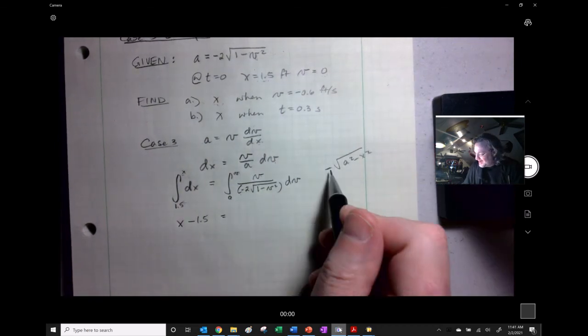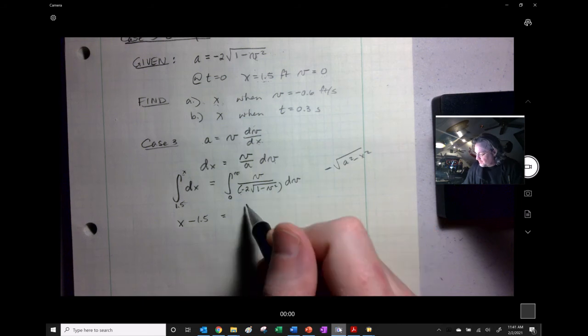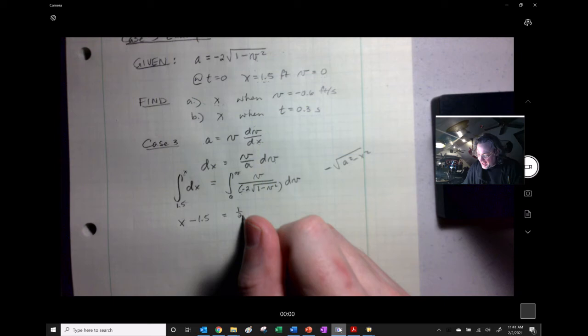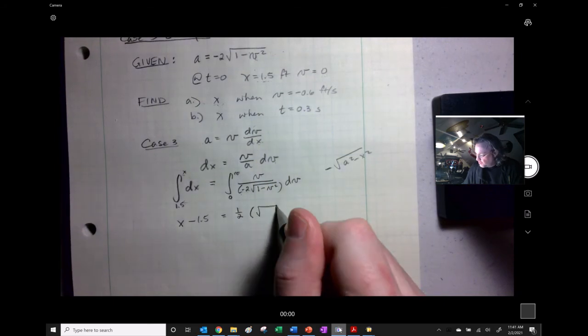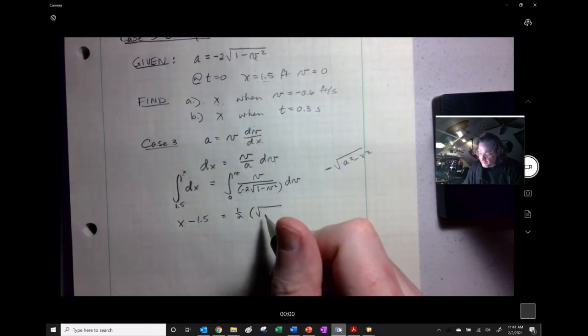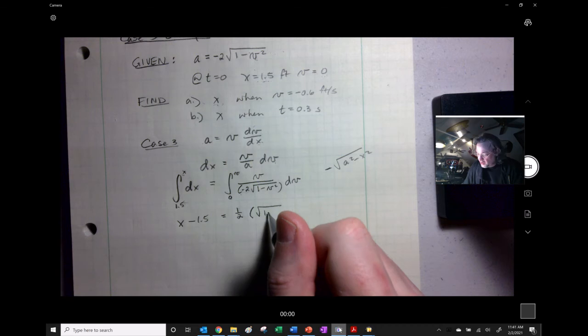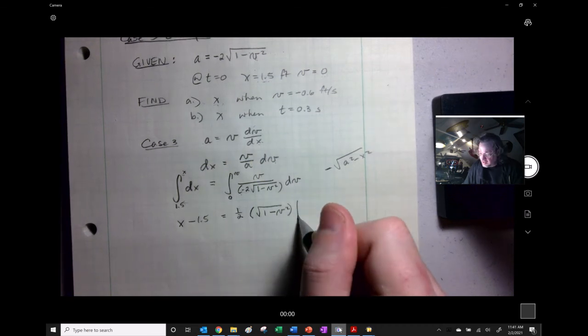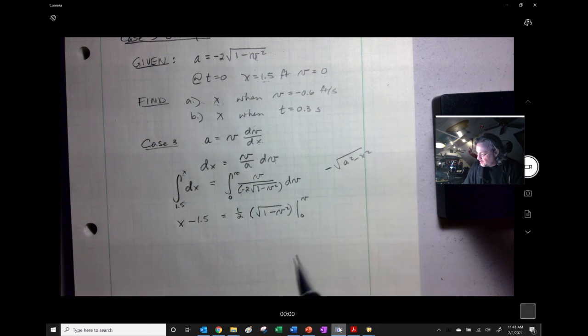So that negative right there gets rid of this negative, and so what we're left with is 1/2 square root of 1 minus v squared, and we need to take that from 0 to v.